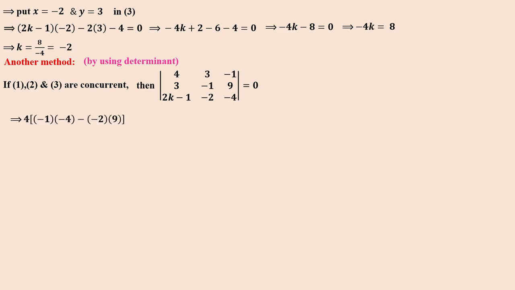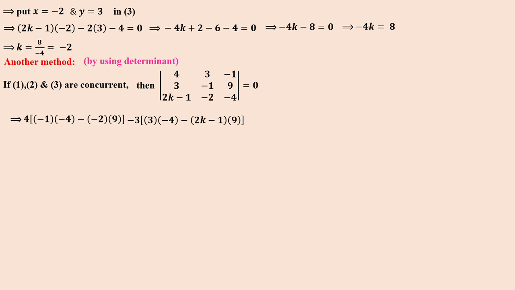So solving, taking 4, then you are taking the numbers minus 1, 9, minus 2, minus 4. So minus 1 into 4, minus 2 into 9. Solving the determinant, actually we are leaving the corresponding row and column of that number.